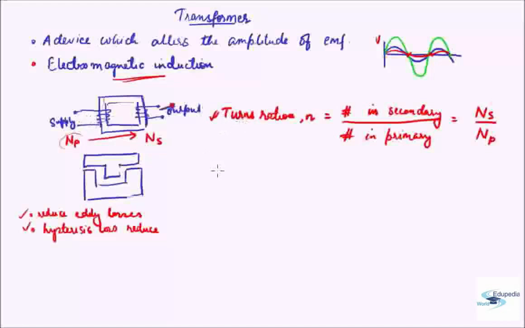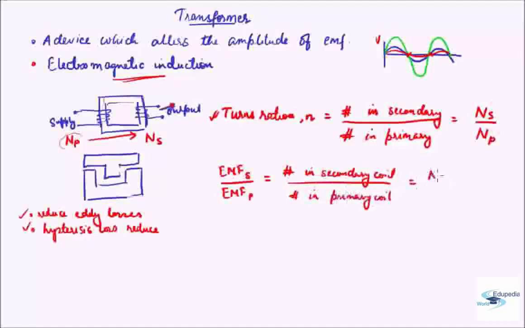Now for a transformer, the induced EMF and the supply EMF relate to the turns ratio. How so? Let me write it down. EMF in the secondary side upon the EMF in the primary side is equal to the number of turns in the secondary coil by the number of turns in the primary coil.